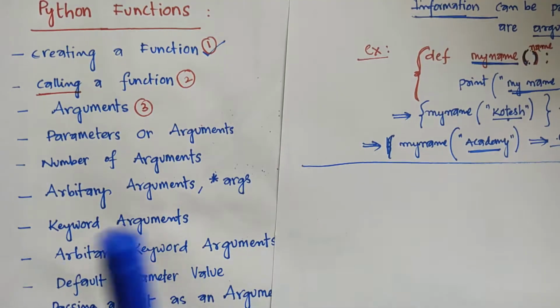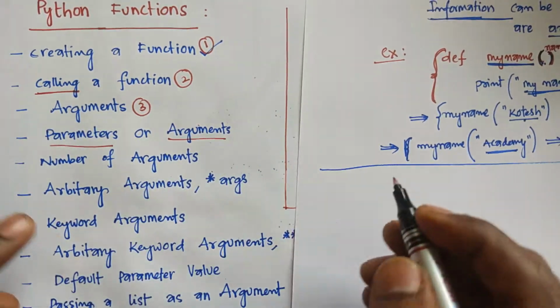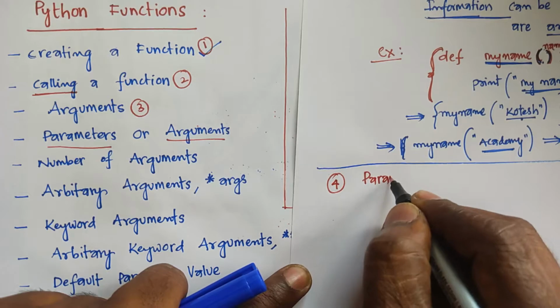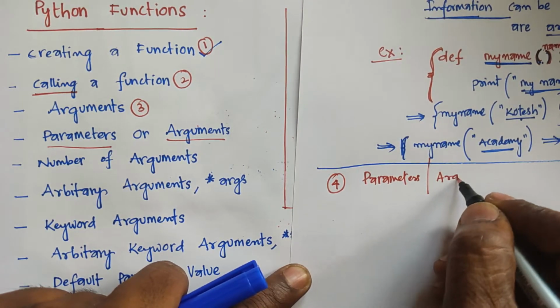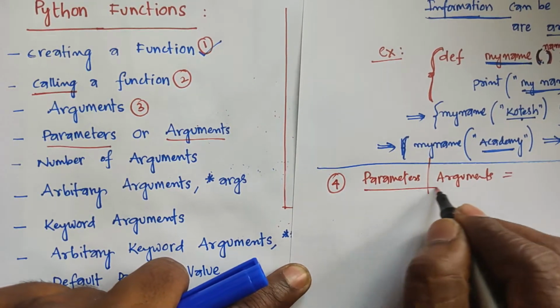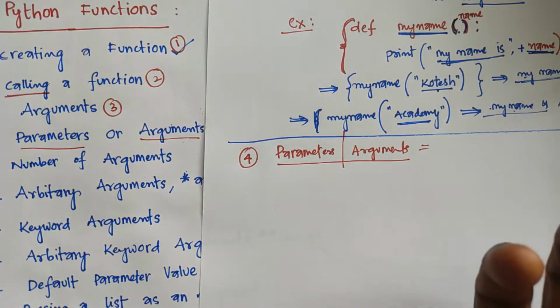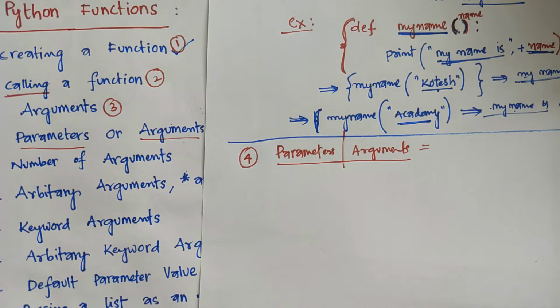And next, the fourth one is parameters and arguments. The meaning of these parameters and arguments is that they are widely used for the same thing, that is, information passed into a function.